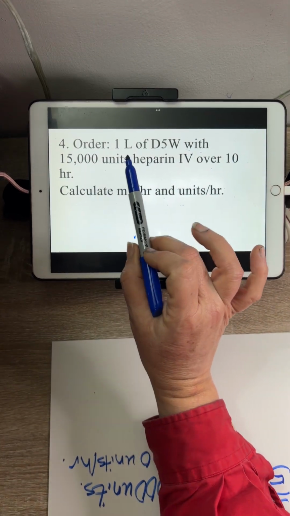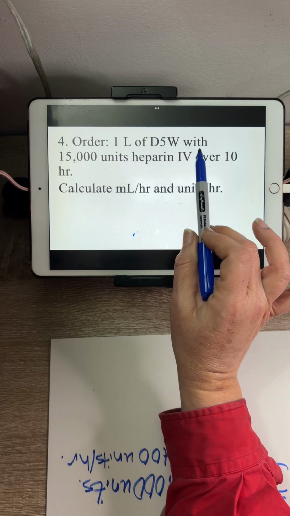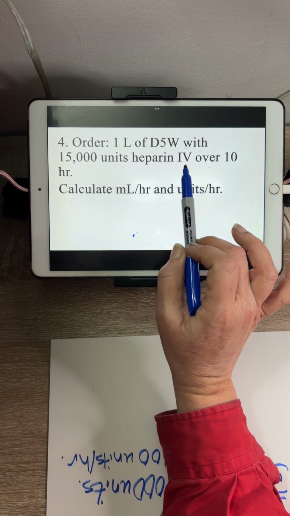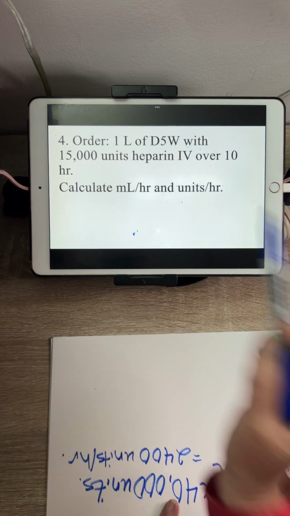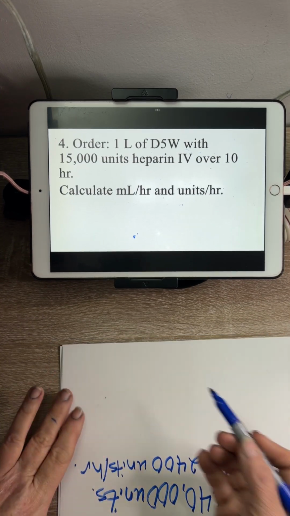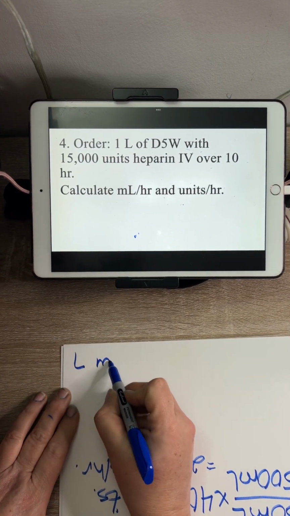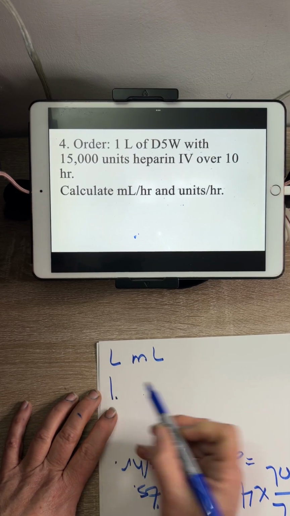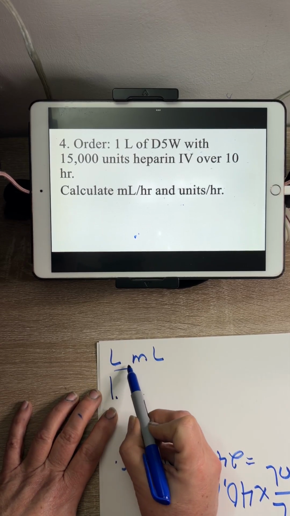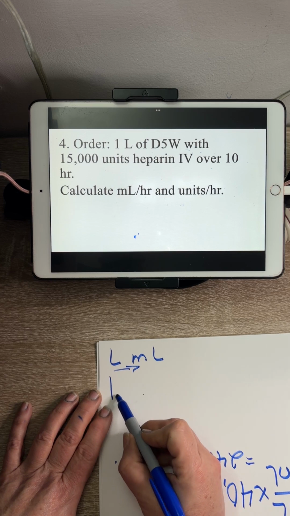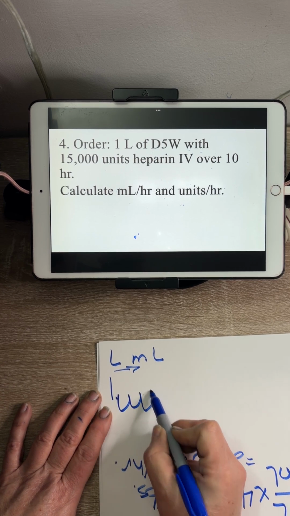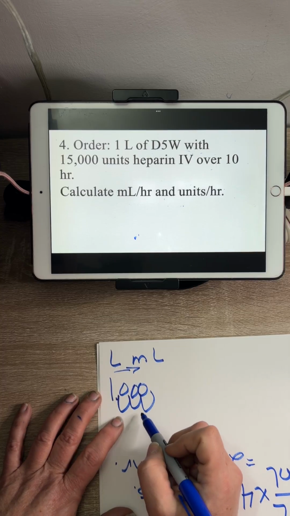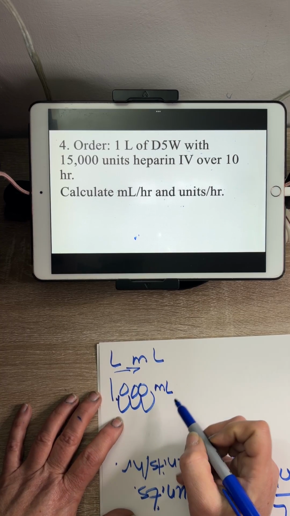So the order is for 1 liter of D5W with 15,000 units of heparin over 10 hours. Okay. So you know liters to milliliters. We got 1 liter. That's a whole number. If we're going liters to milliliters, we're going to move our decimal that way, three times. So 1 liter is 1,000 milliliters.